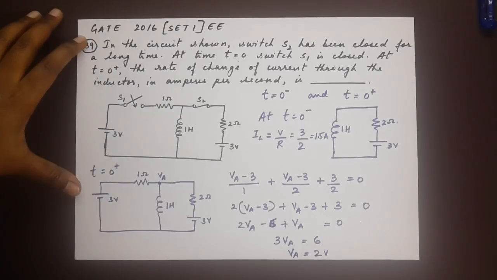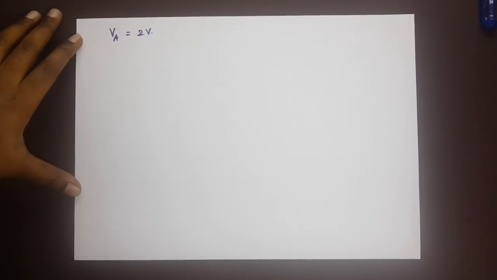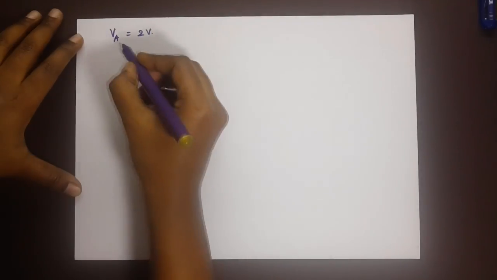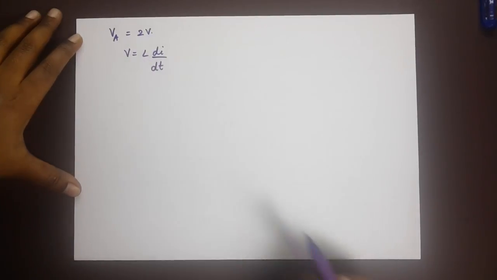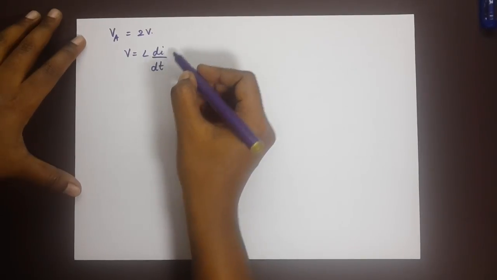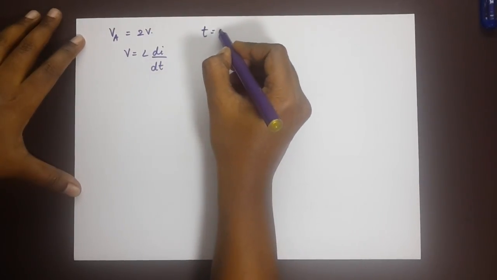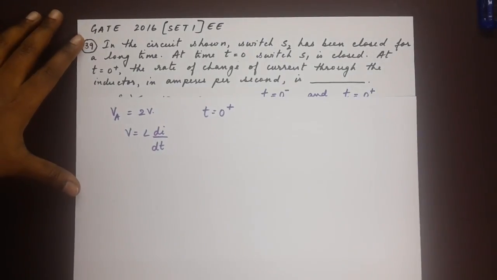Let me just grab another piece of paper here. Alright. Now we have the voltage at the node as 2 volts. Now you have to recall the voltage equation of an inductor. So we have V is equal to L di by dt. I'm sure you're very familiar with this. Now we are considering the instant t is equal to 0 plus, because that's the instant the question is asking us to find.